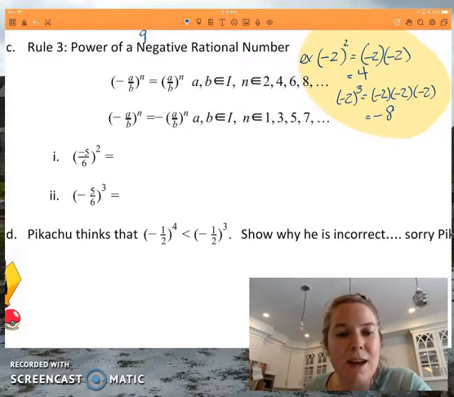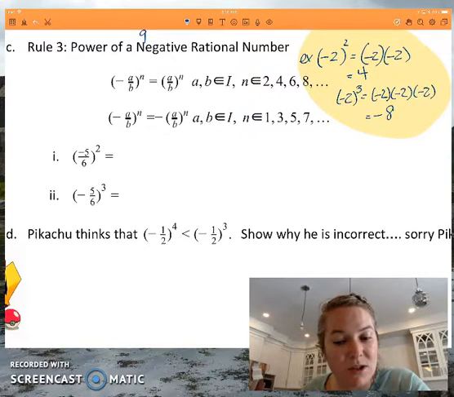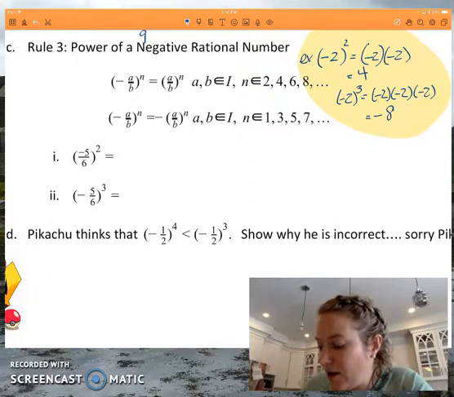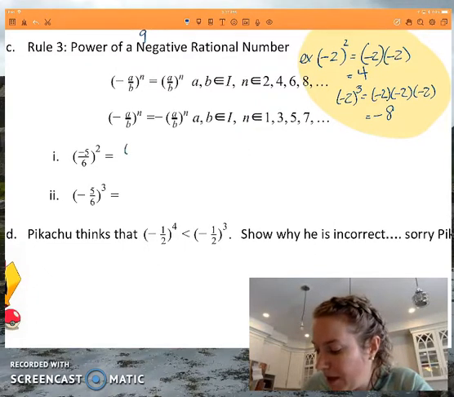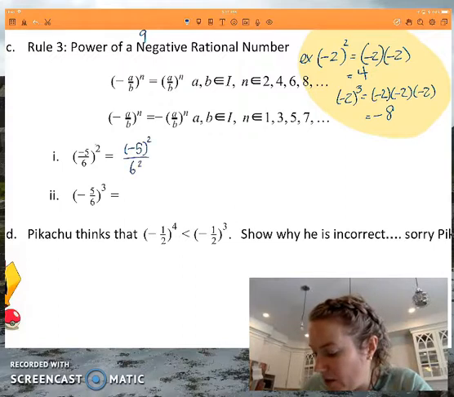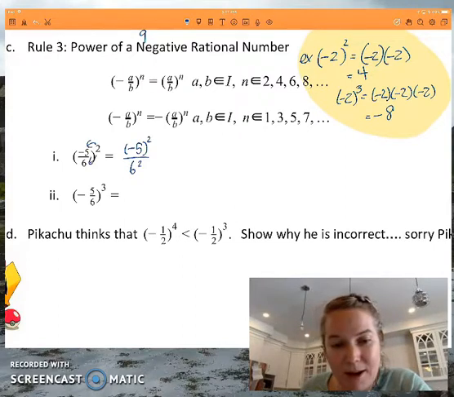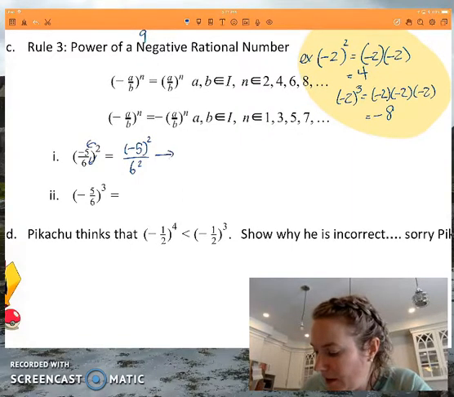Okay, negative 5 over 6, all to the exponent 2, and the negative is inside the brackets. So if I write this in expanded form, I'm getting negative 5 squared over 6 squared, right? Because I've applied the exponent to both the numerator and the denominator. Okay.